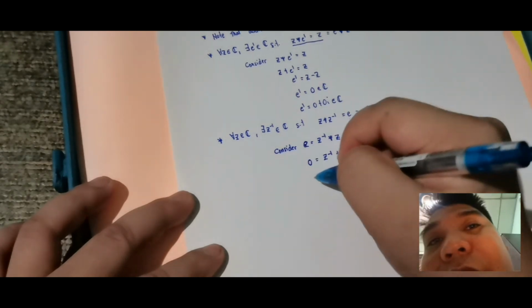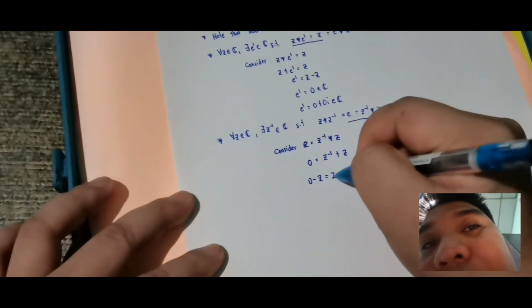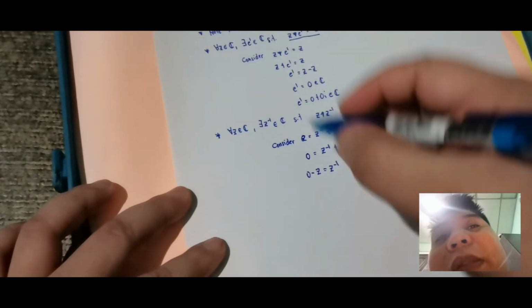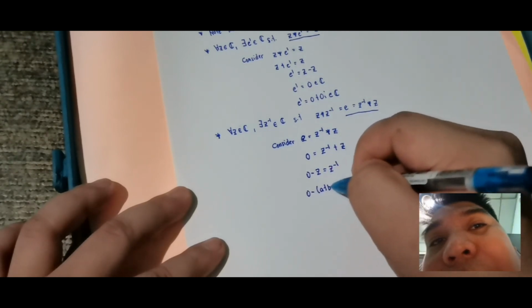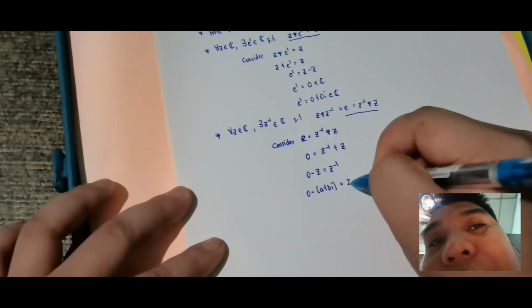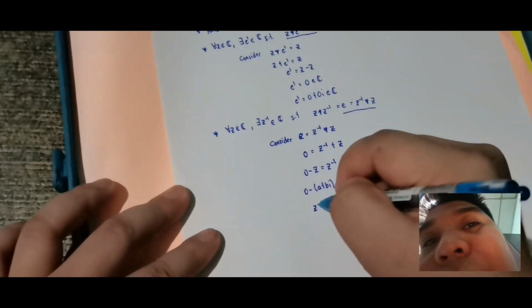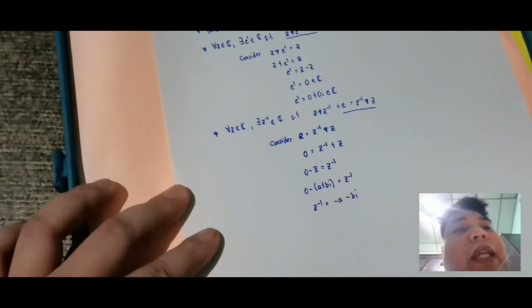Note that this is equals sa 0 minus z is equal to z inverse. Okay? So what is z? z is a plus bi. So that is 0 minus a plus bi is equal to z inverse. Okay? So therefore, ito ay equal sa z inverse is equal sa negative a minus bi.